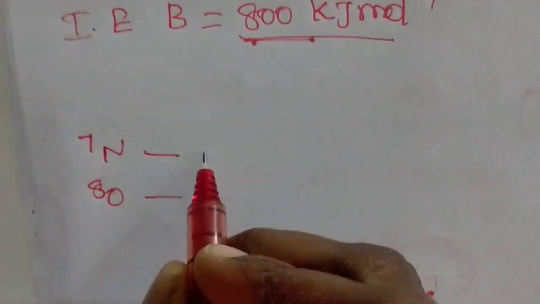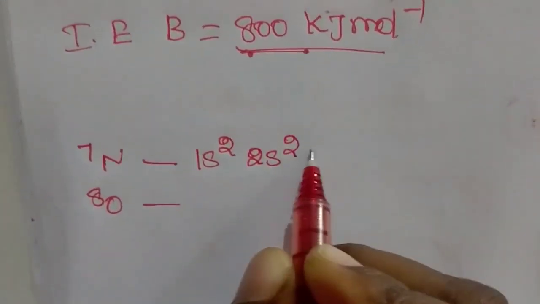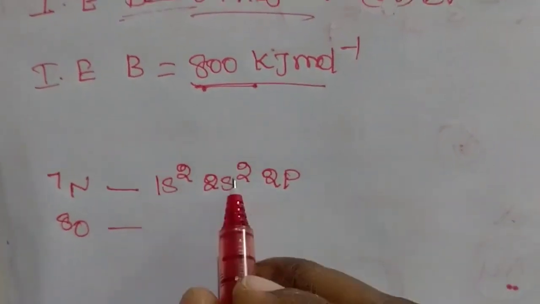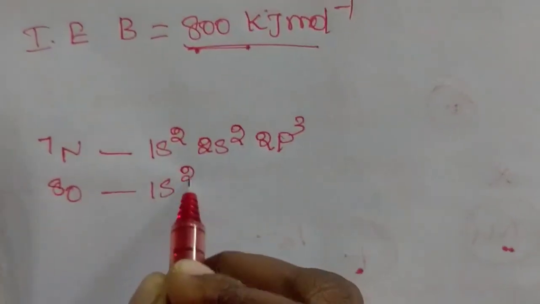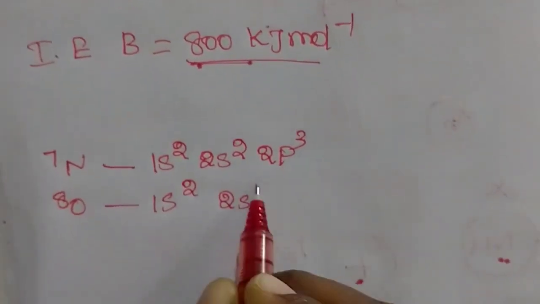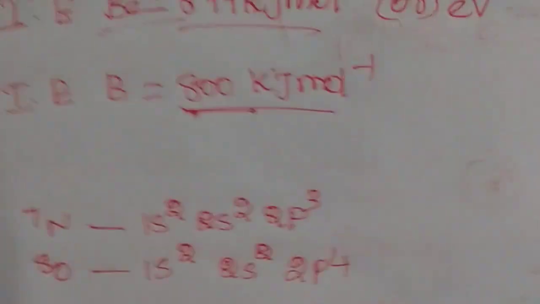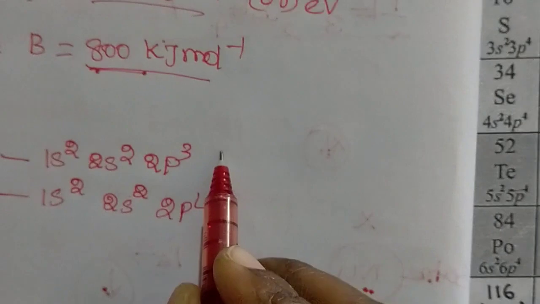Oxygen is 8. Write the electronic configuration: 1s2, 2s2, 2p3. And 1s2, 2s2 and 2p4.